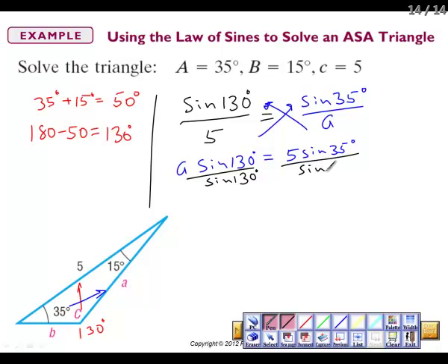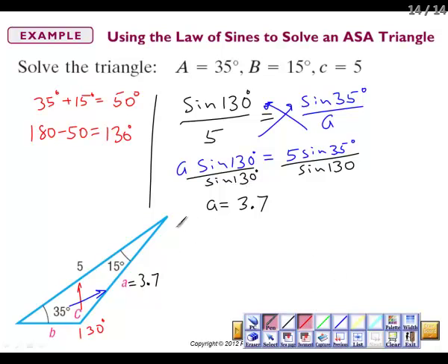And so we get A equals, on the calculator, 5 sine of 35 degrees close parentheses divided by sine of 130, and we get 3.74375, and it goes on and on. So we'll use 3.7. So side A is 3.7.